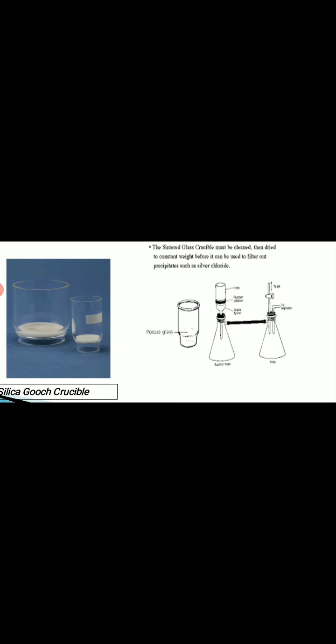The second diagram from the right-hand side of the PPT shows the assembly, which is nothing but a Buchner funnel, and in that Buchner funnel we fit the porous glass of the silica gauge crucible at the top of the funnel. Suction is generated and removal of the water can be achieved with the help of this diagram. We get our precipitate in the porous media of the gauge crucible.